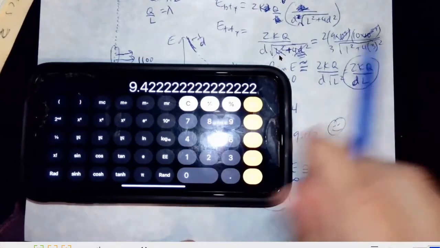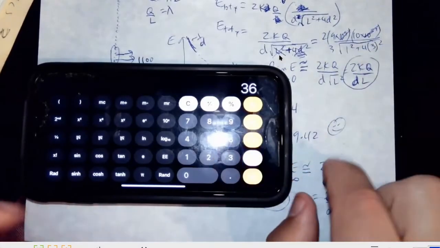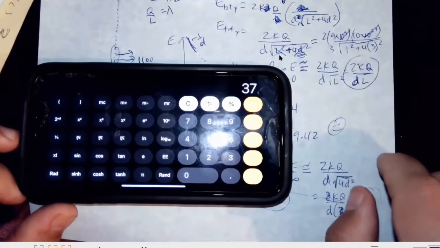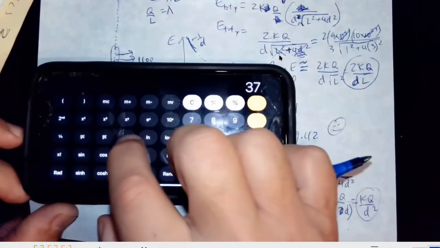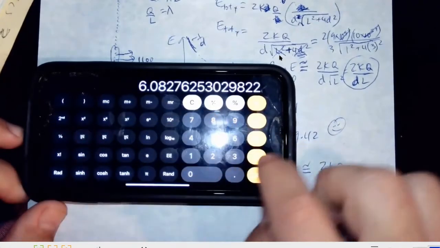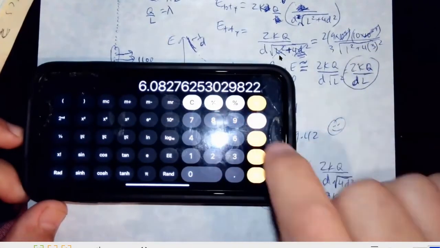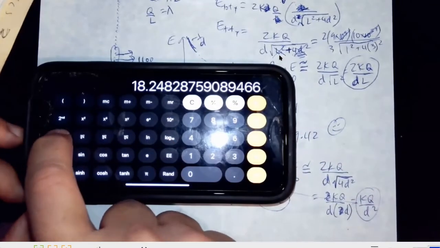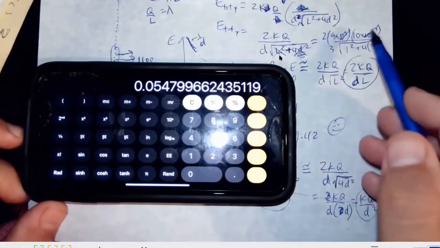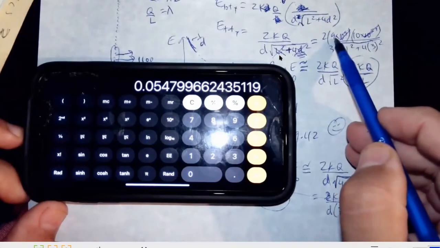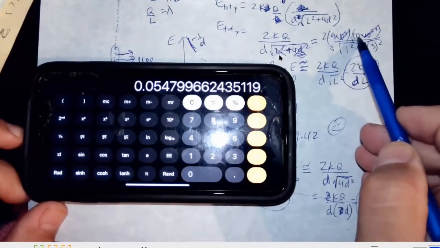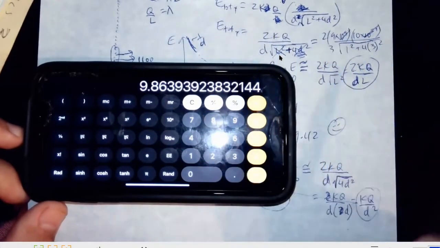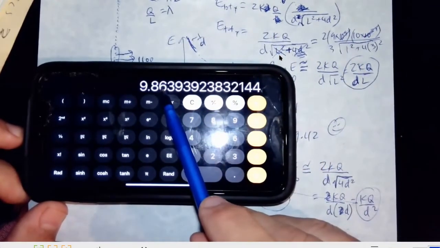So 9 times 4 is 36 plus, and if I add 1 to it, and square root it, multiply it by 3, then invert it, and then multiply it by 18 times 10, that's 180. Multiply it by 180. You see, it gives me 9.86.